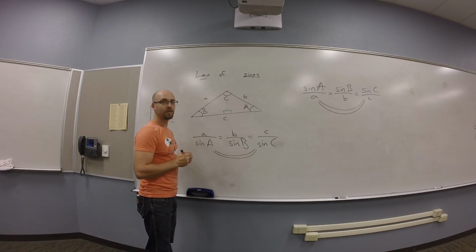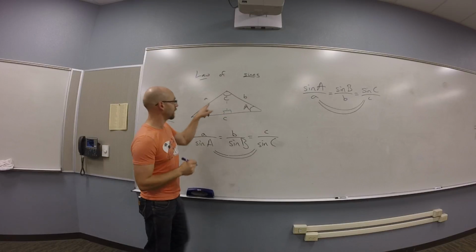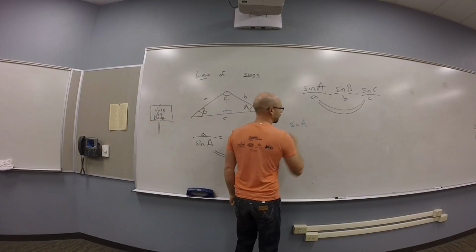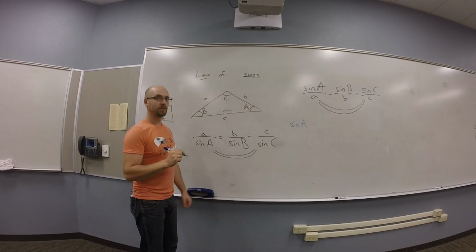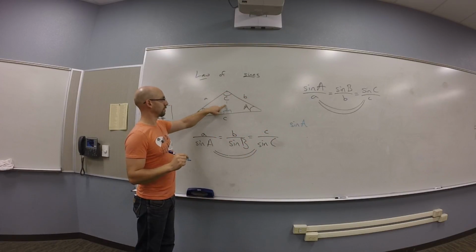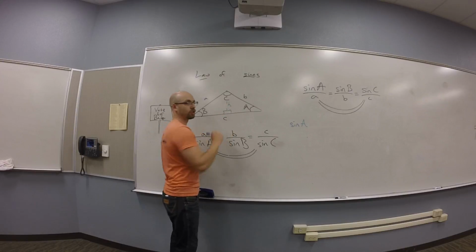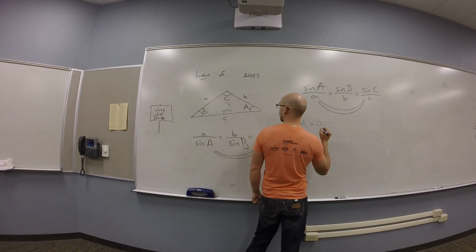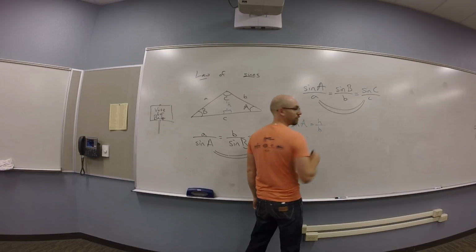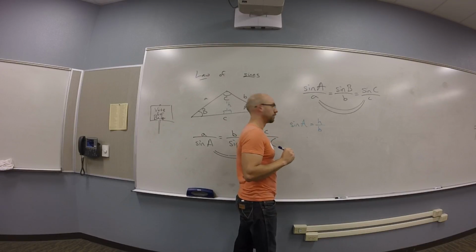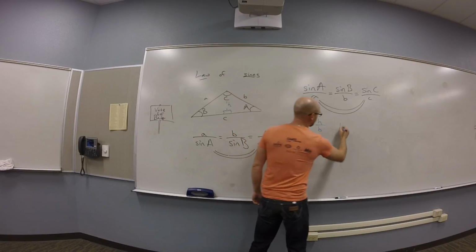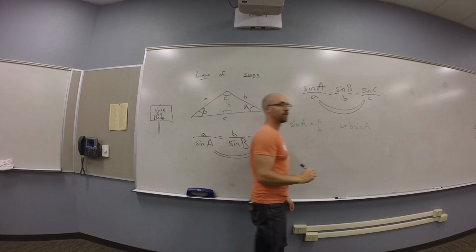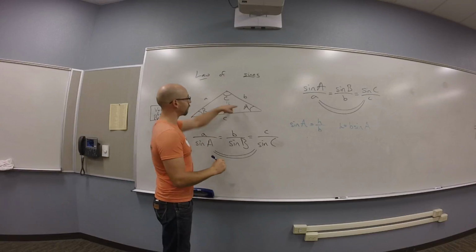Now if I talk about the sine of A, it is going to be whatever this side is, which I'll call h, over B. So h is B sine of A. But that was on this side.